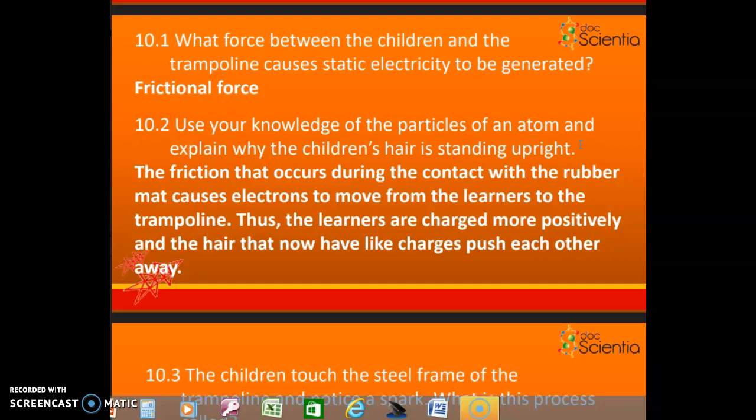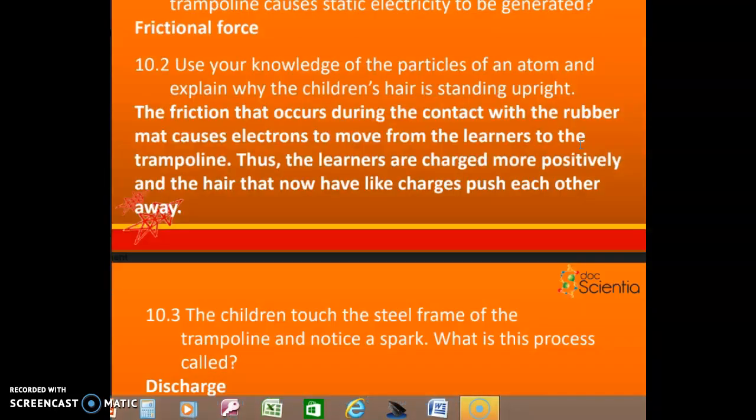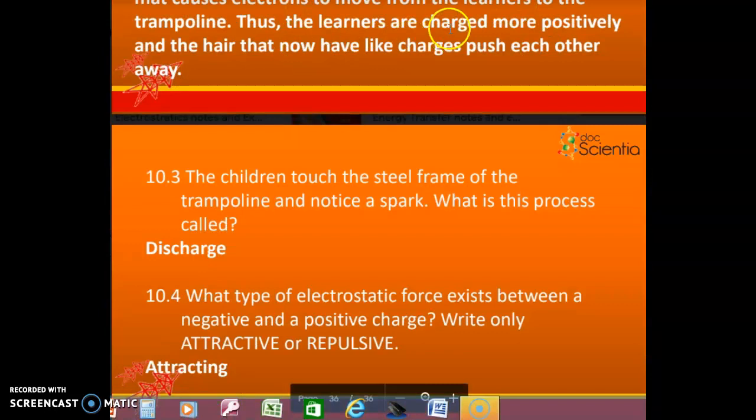Electrons are negatively charged, right? Thus, the learners are charged more positively, and the hair now has like charges and pushes away from each other. So the hair will be positive and they will all push away from each other because they have the same charge, like charge.